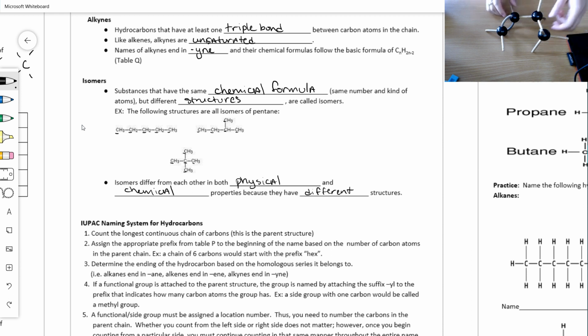This structure and this structure do wildly different things because of their shape. This is a very dramatic example, but the difference between this structure and this structure doesn't look like a ton. Here they're both going the same way, right? Both my little branches are going the same way. Here, my branches are kind of going opposite ways.